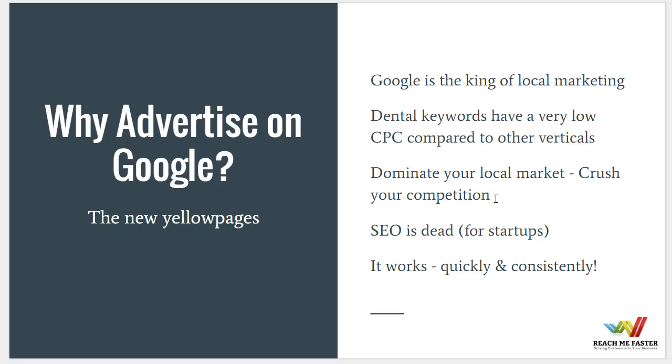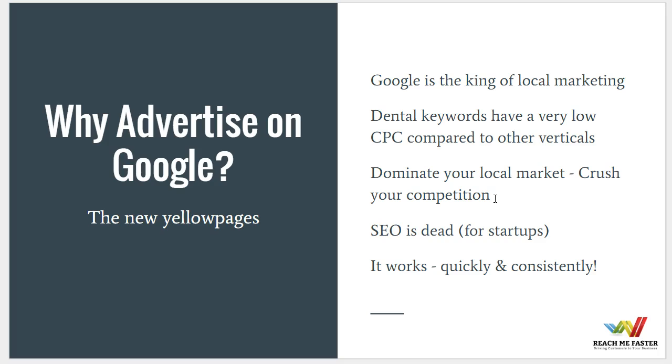Maybe you have 2 or 3 offices in the same city. You can create 3 AdWords accounts, because there are 3 different locations. You can advertise them under the same ad, but you can also use 3 different AdWords accounts to get 3 listings up there.